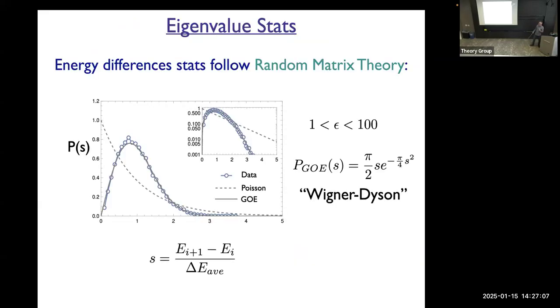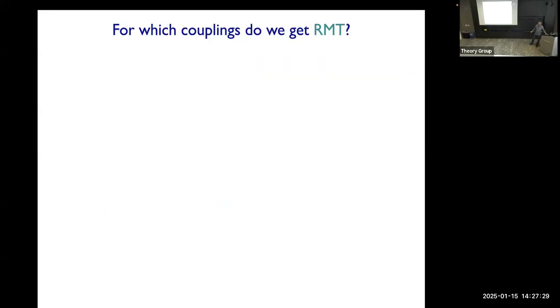And so if you put random matrix theory to work, you have a prediction for the probability of energy differences. And that probability distribution is very famous. It's called the Wigner-Dyson distribution. And we could just measure it, and we see that indeed our system obeys it. So there's level repulsion, just like I promised you.